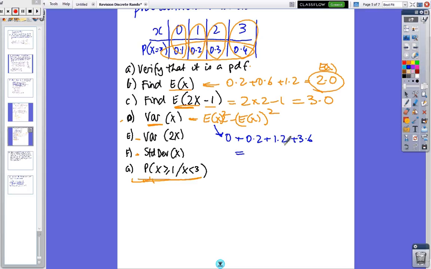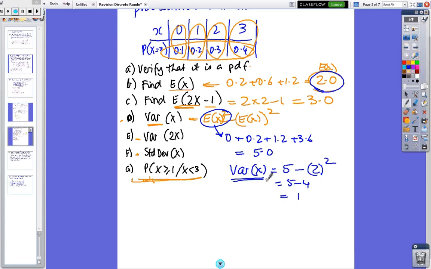So adding up, we get 5.0. So that's E(X squared). So Var(X) will be 5 minus E(X) squared, so 5 minus 4 equals 1. So the variance is 1.